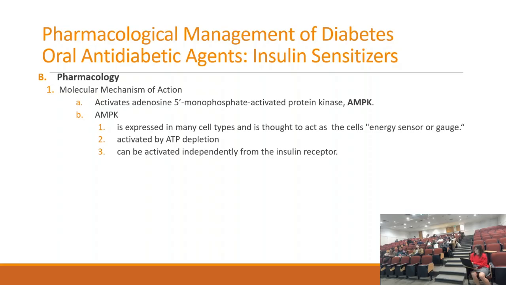So I like to think of this as like a gas gauge in your car, right? As your gas tank starts to get empty, your screen lights up in your car and it alerts you to a low fuel tank and you've got to go and get gas. So AMPK is kind of like that low fuel tank indicator in your car.